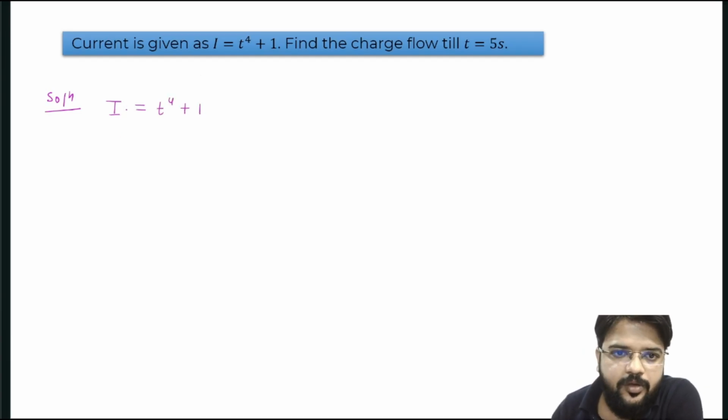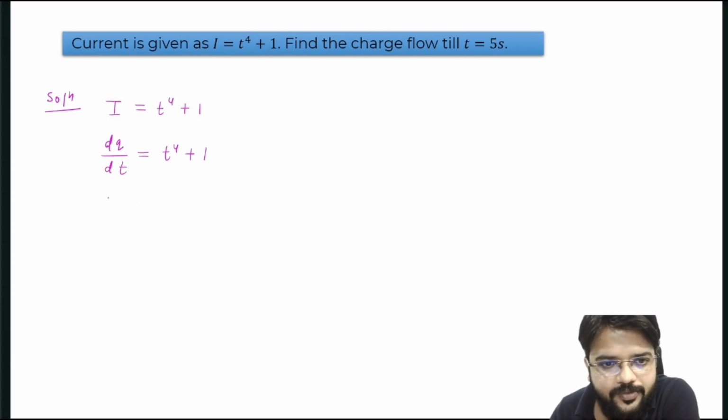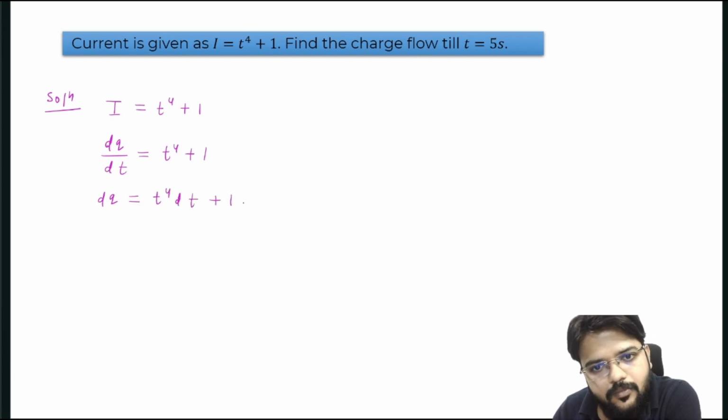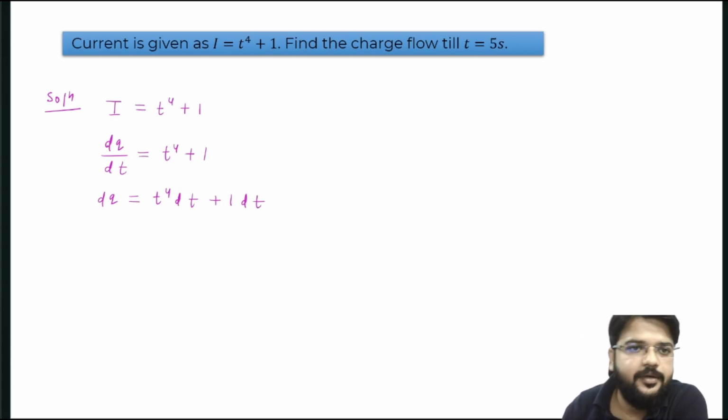We know that I can be written as dq by dt. Now dt we put on this side.